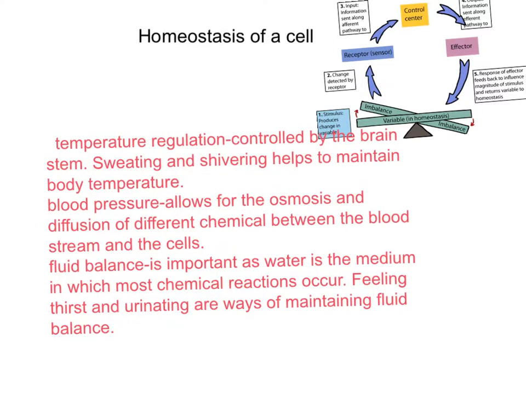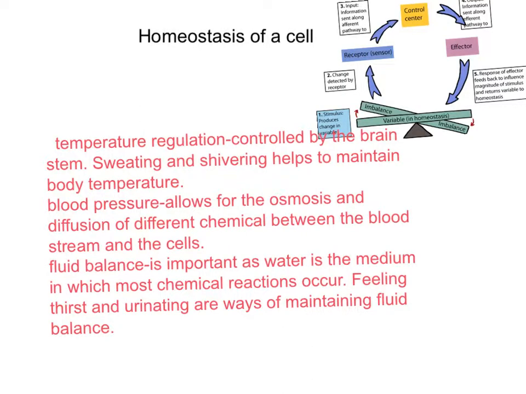Cell signaling isn't the only form of homeostasis in a cell. There are other instances where homeostasis does not need cell signaling. For example, temperature regulation is controlled by the brainstem, and you sweat and shiver to help maintain a certain body temperature.